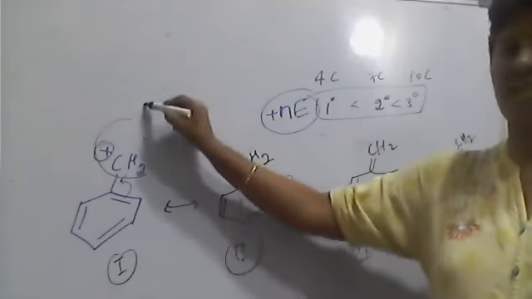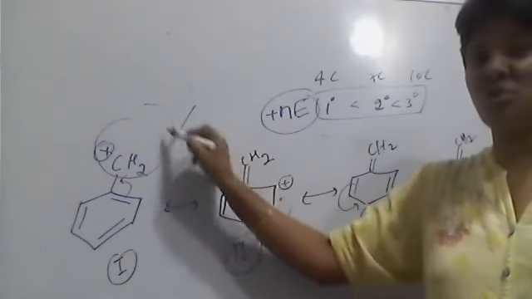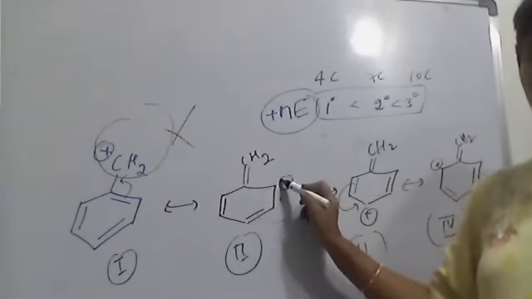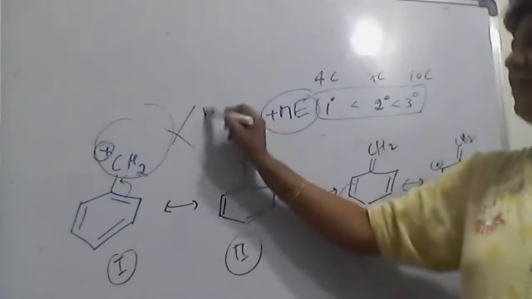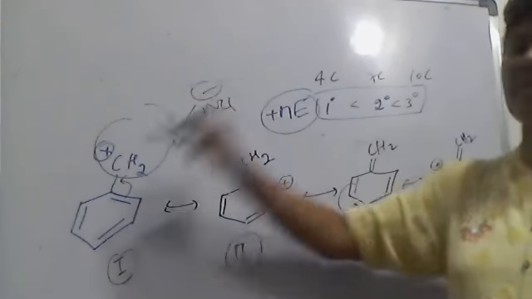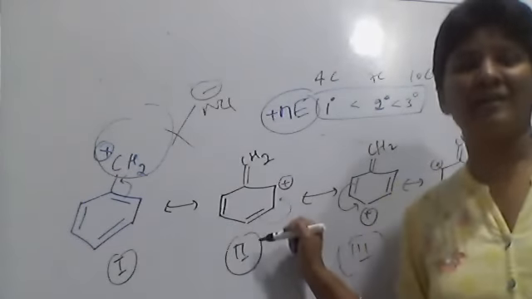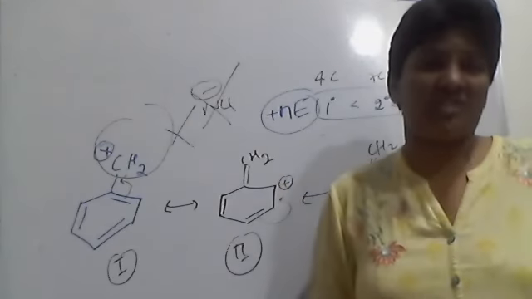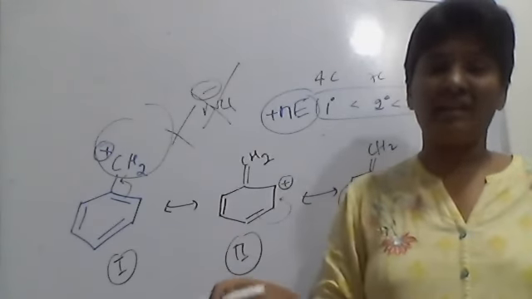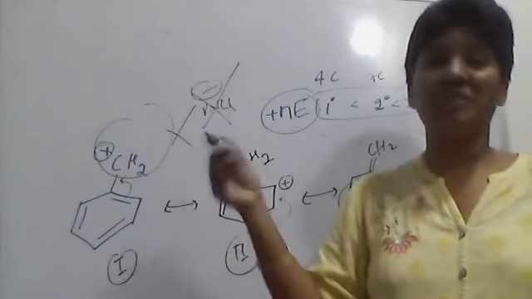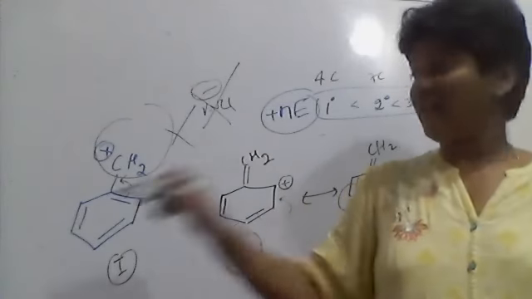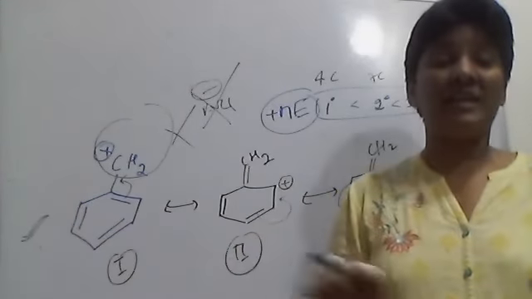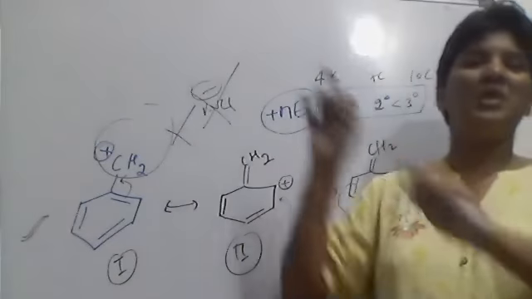This positive charge. But here the positive charge is no more there because it has shifted to the ortho or para position. So the nucleophile will try to catch at the benzyl position, but it has shifted to ortho and para. So the nucleophile is confused and will not allow the reaction. So the attack of the nucleophile will not take place. Means the benzyl carbocation will take some rest before reacting with the nucleophile.